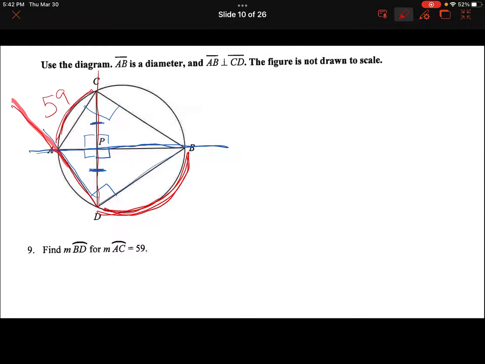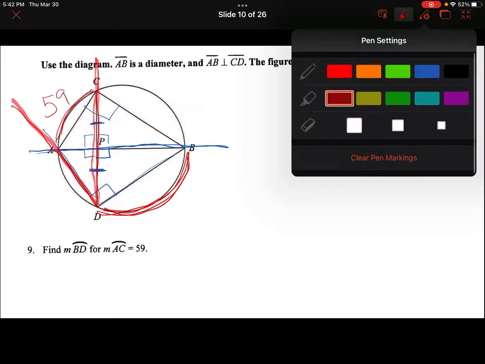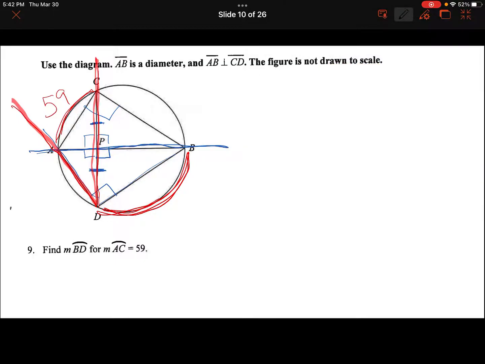This inscribed angle here intercepts that 59-degree arc, which means that it's going to be half of it. So 59 divided by 2: 60 divided by 2 is 30, so 58 divided by 2 would be 29. So 59 divided by 2 is going to be 29.5. So this is 29.5 degrees right here.